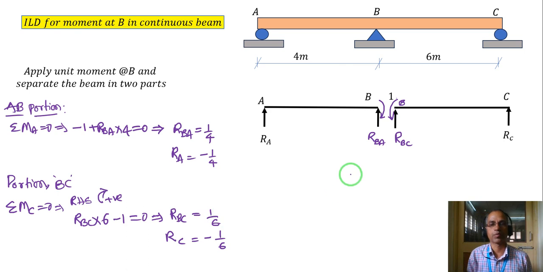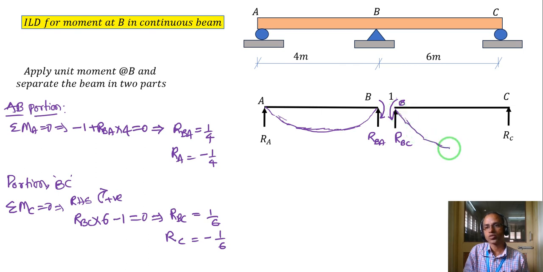So we should be able to draw the deformed shape now using these reactions. So by applying a unit moment, what happens? By this moment, these beams will deform. 4 meter, so this is the deformation, like this. And this one will deform more because it is the longer span.